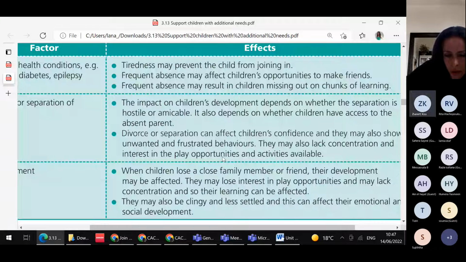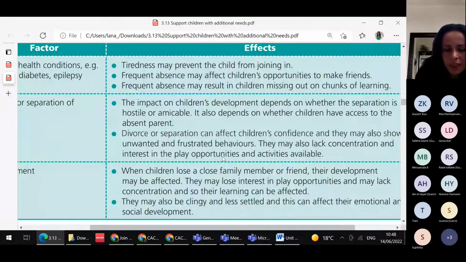Also, frequent absence may result in less opportunity to make friends. So the child is always absent. When they go back to the nursery or to the school, they find it very difficult, because everyone is working in a group and having fun, while no one wants him because he's always absent.